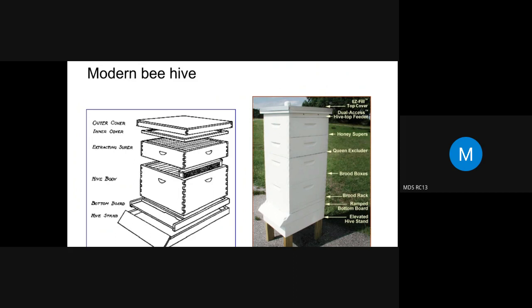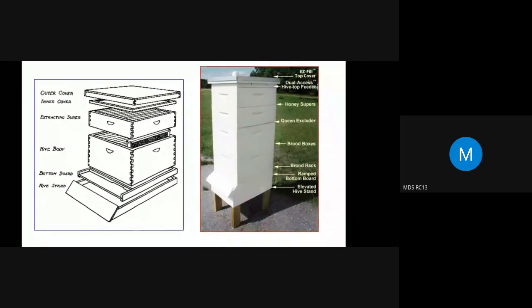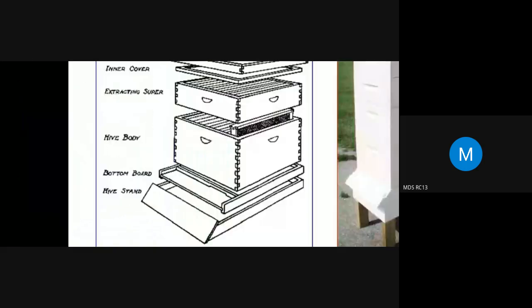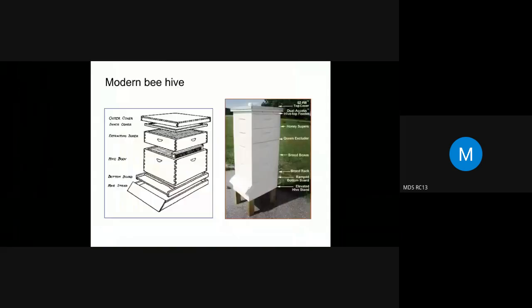And the last one is the bottom board. And the lower part you can see in this picture is the hive stand. Different kinds of stands are used to protect from pests like ants and other insects.